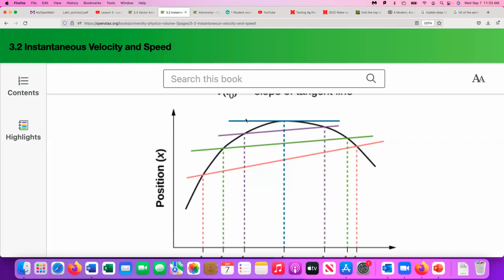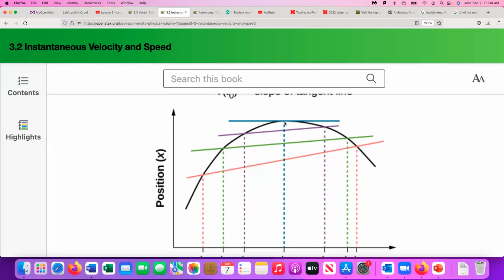But the one on the top is different because it is actually measuring the slope of the top of this graph essentially, but it's only using 1 point right in the middle. The purple one's using 2 points on either side of the curve, green one's using 2 points, red one's using 2 points. But this one at the top, this blue one here, is only using 1 point. And that's because what they've done is they've used that limit to bring those 2 points closer and closer and closer together until they become 1 point.